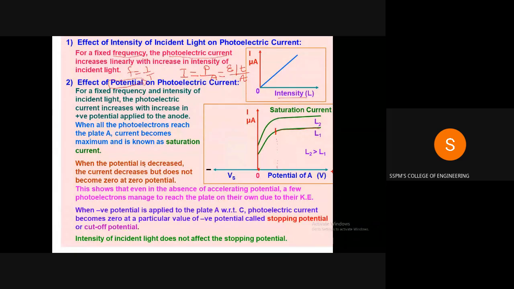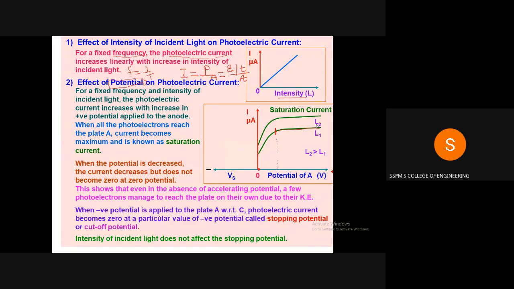This shows that a few photoelectrons manage to reach plate on their own due to their kinetic energy.